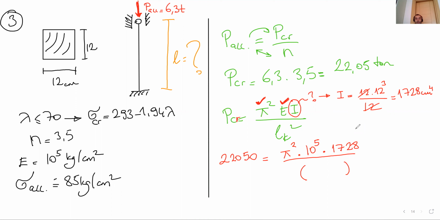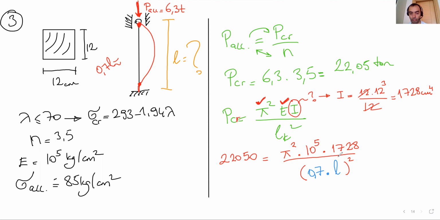If you take a look at the chart I gave you in the previous lesson, you're gonna see that the curved shape is like this, and the buckling length is almost 0.7 L. Here we are going to use 0.7 times L, squared. Now the unknown is L.